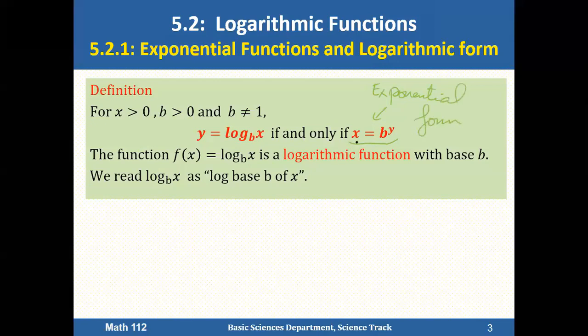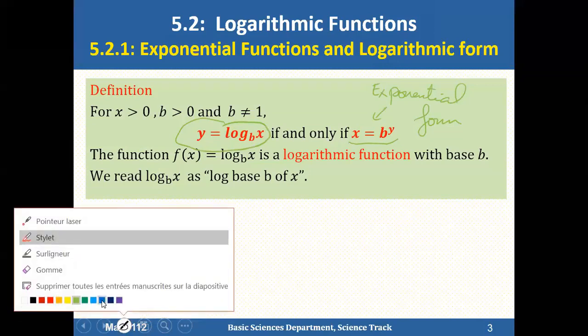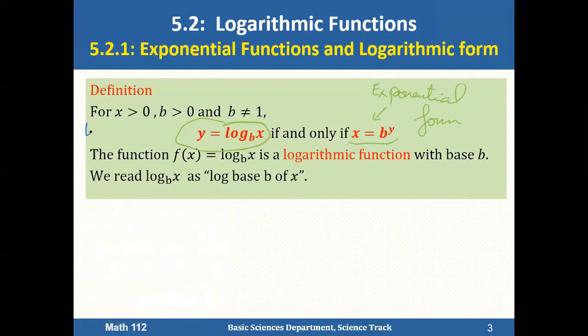And it can be transformed to an equivalent form, which we call the logarithmic form.